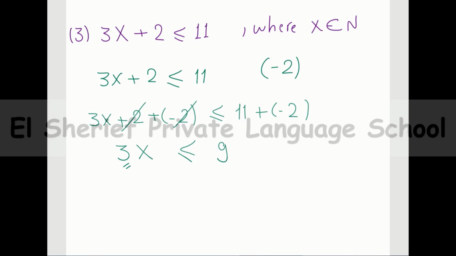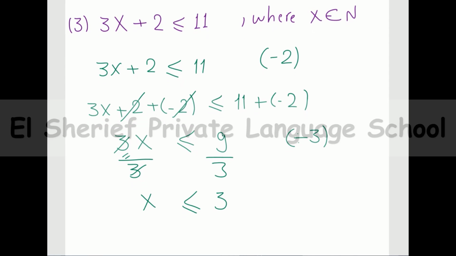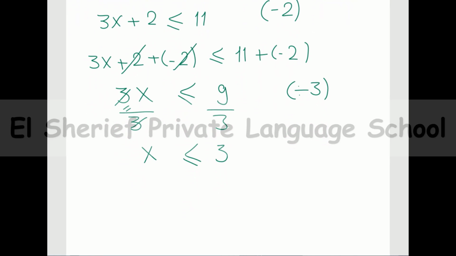To get rid of 3, I divide both sides by 3. Cancel 3 with 3, so I have x less than or equal to 9 divided by 3, which equals 3. So the solution set: notice that x belongs to the natural numbers, so the solution set must be in the natural numbers.